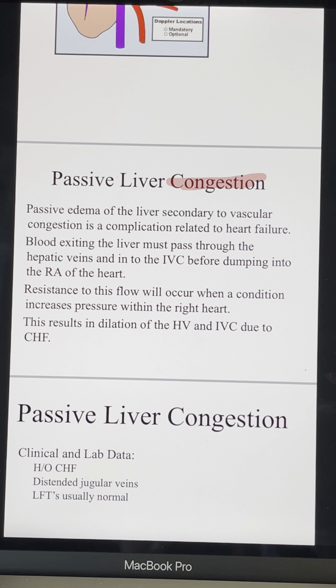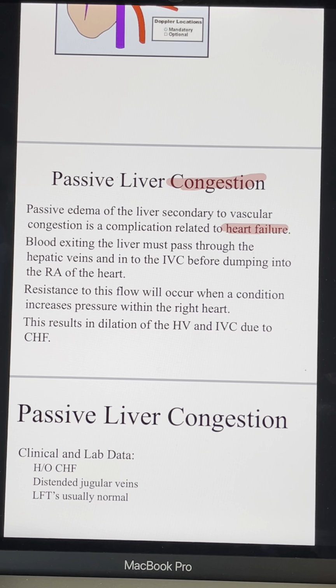So passive liver congestion, it's usually coming from heart failure. Blood exiting the liver must pass through hepatic veins and an IVC before dumping into the right atrium. So if there is anything wrong with the right side of the heart, there is going to be too much pressure inside the liver, and we call it under the congestion category.